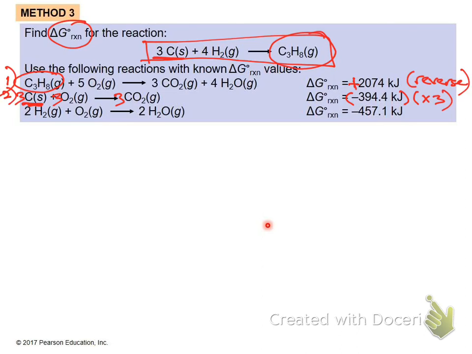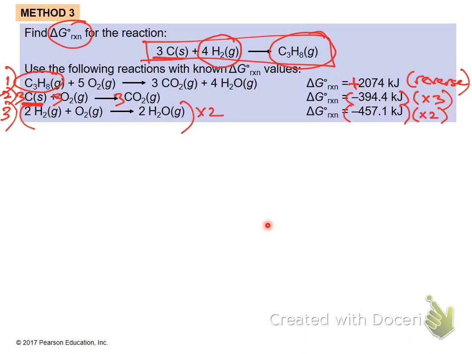And then for the third equation, is going to be our source of hydrogen gas, okay? So we have 4 moles of hydrogen gas, but in this equation we only have 2, so we have to multiply this entire thing by 2. So because we multiplied the chemical reaction by 2, we will also multiply this delta G reaction by 2, okay?